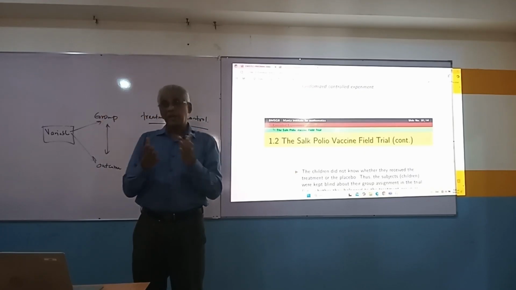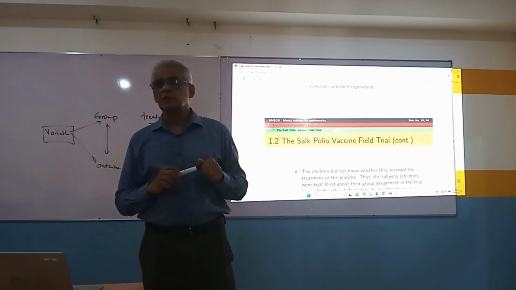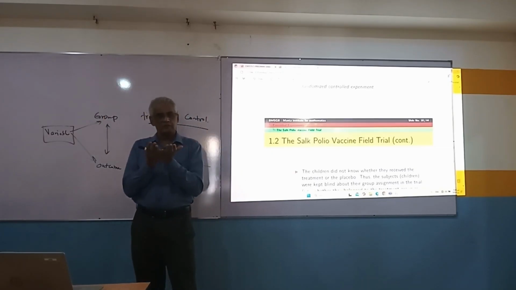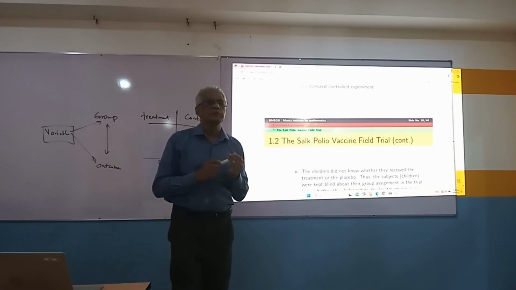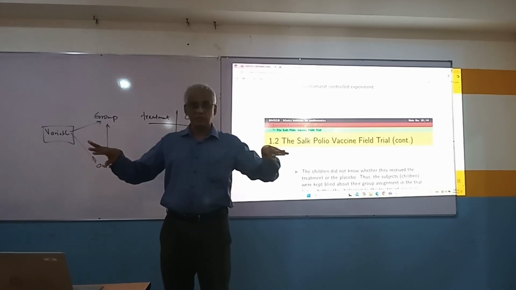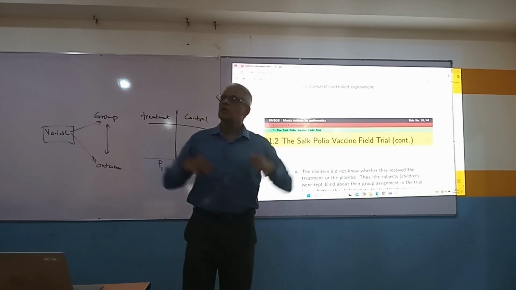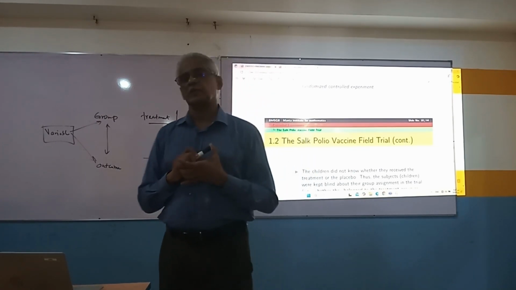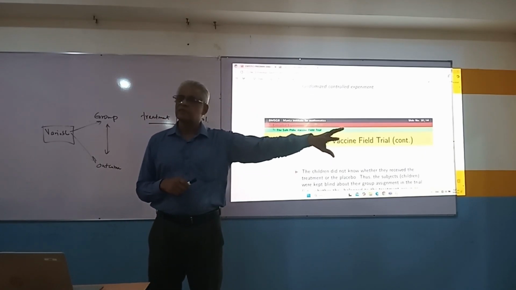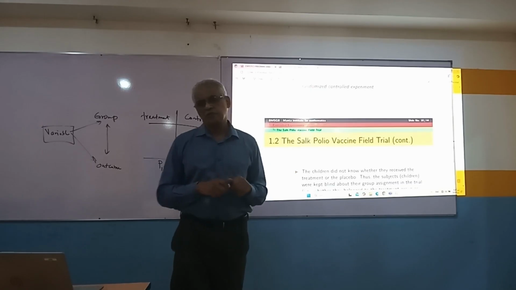For example, suppose there were 70% rich people and 30% low income people in the first sample, out of those who give consent. But then we divide that into two randomly. So it will go approximately in the same proportions, and therefore the two groups will be similar with respect to, for example, income distribution. In one group maybe 70% and 30% roughly, and in the other group also 70% and 30% roughly, not exactly.